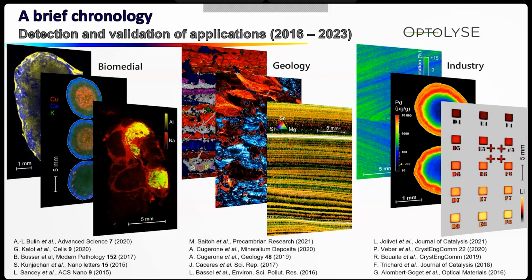We also initiated many collaborations in the geological field. There are fantastic opportunities in the geological fields. Here you have, for example, a speleothem. This is a stalactite or stalagmite obtained in a cave.